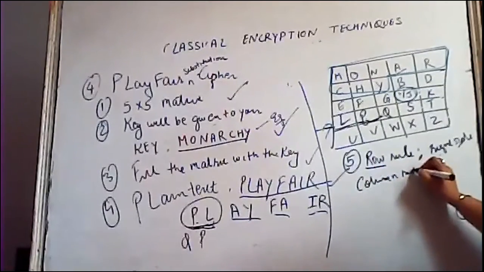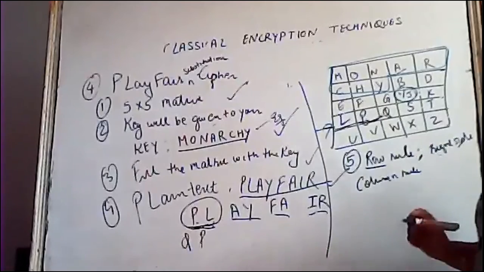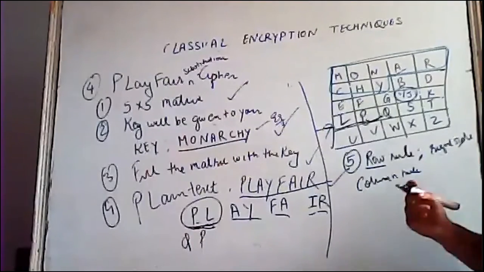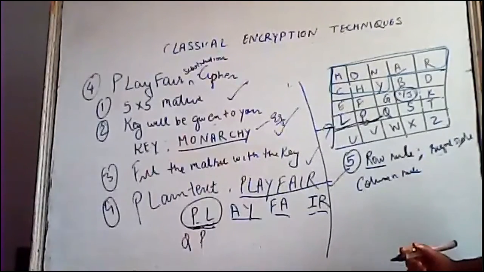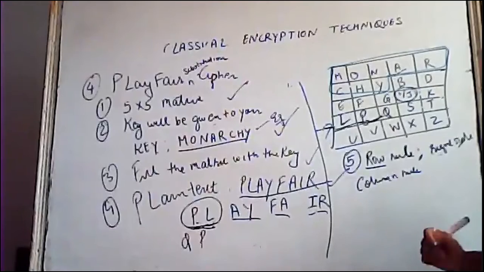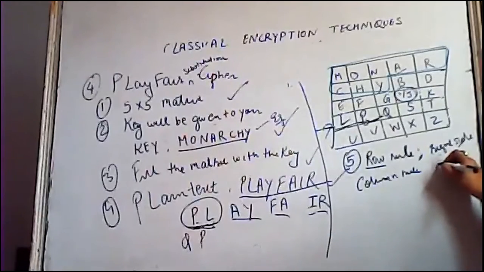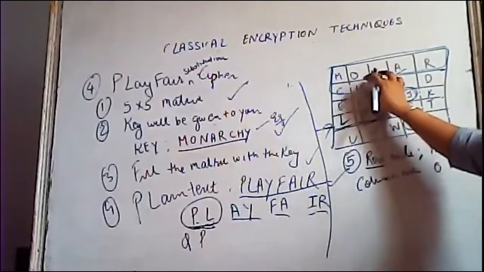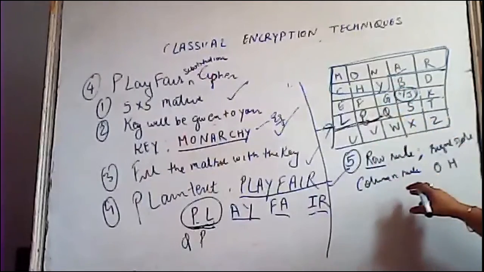Fine. The next rule is the column rule. The column rule says that if the alphabets in a pair belong to the same column, then each will move one block downwards. Let's suppose I am taking O and H. O and H are here. Now, for this O and H, what will happen?